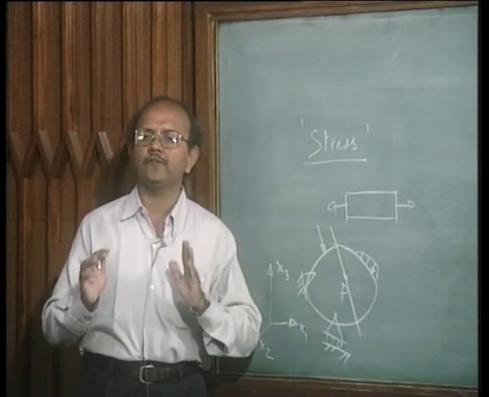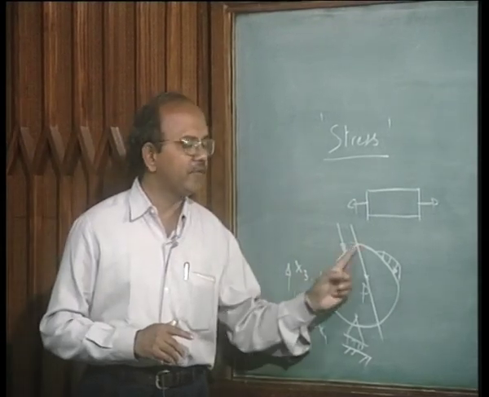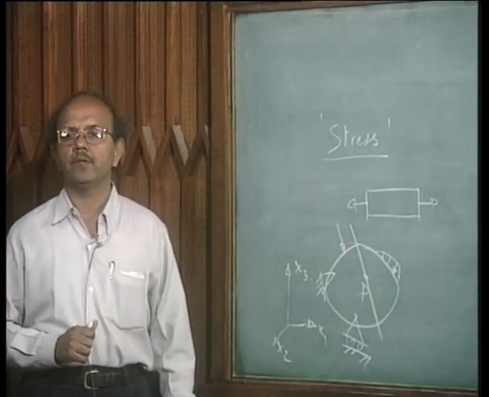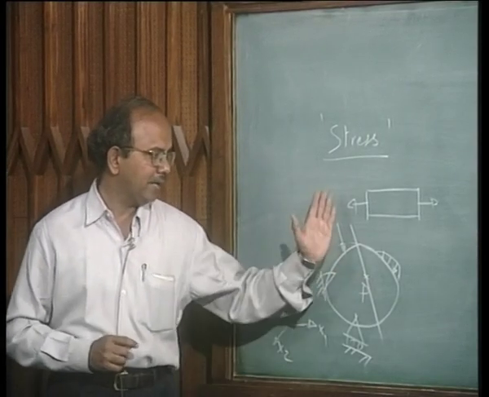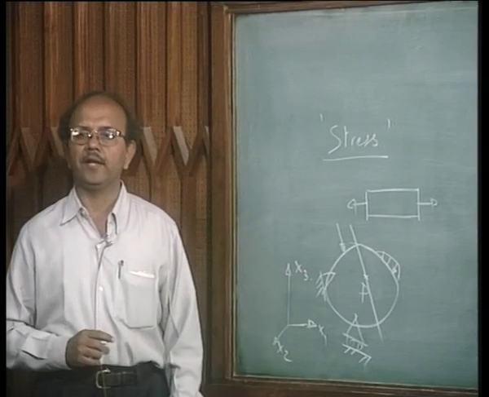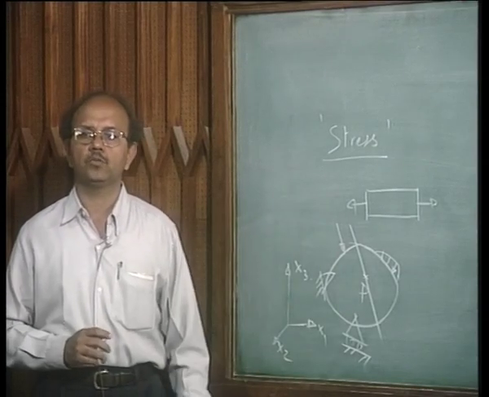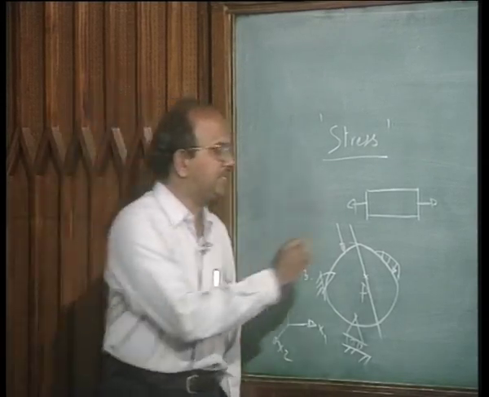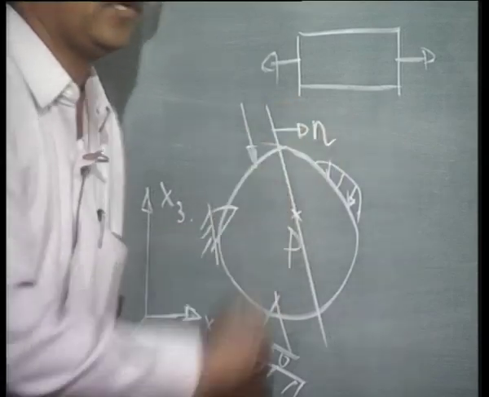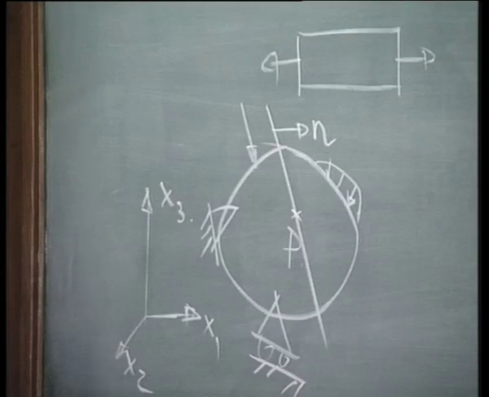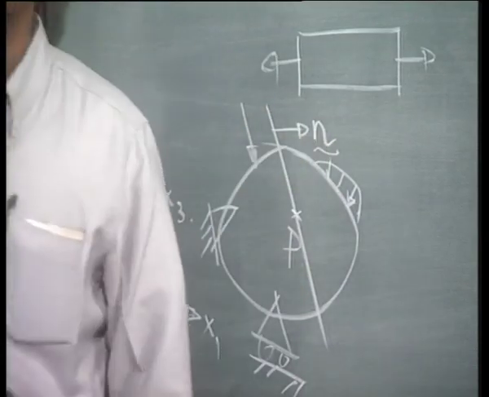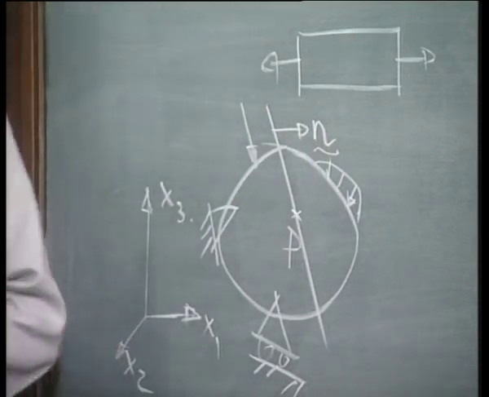Hence, we have to define stress at each and every point of the body. So let me take a point P and cut the body with a plane which passes through this point P. Let us say that the normal of this plane is n. All of you know that n is of course a vector. That is the normal.